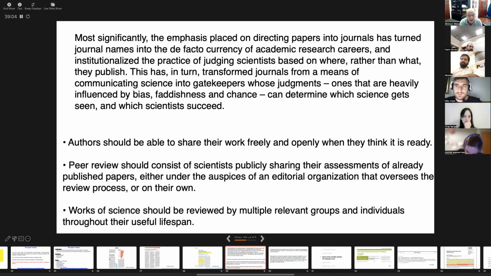So basically, the old way of doing peer review, where 2 or 3 reviewers are assigned by an editor, they are supposed to be experts. Nowadays, most established scientists are so busy writing grants, writing papers, doing a lot of administrative work. Usually they'll say, well, we don't have time to review a paper.